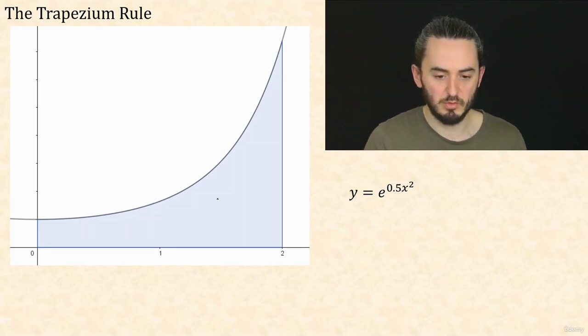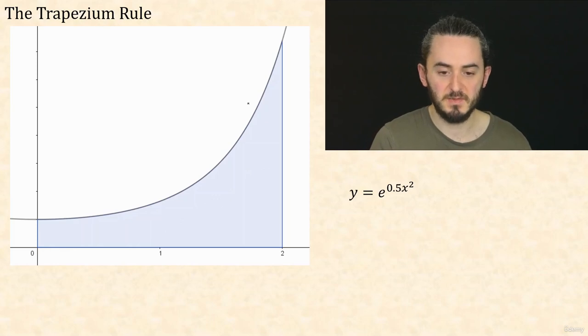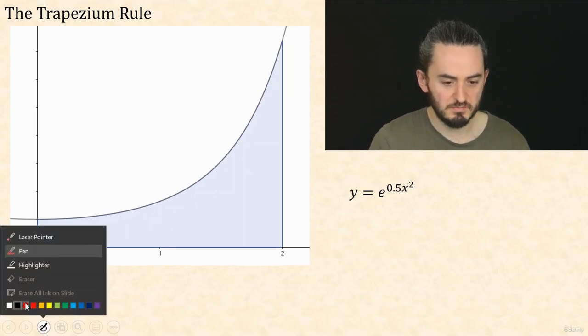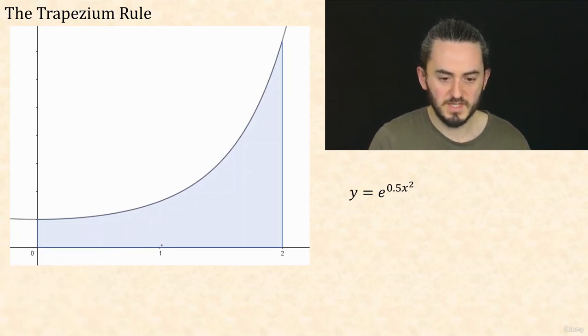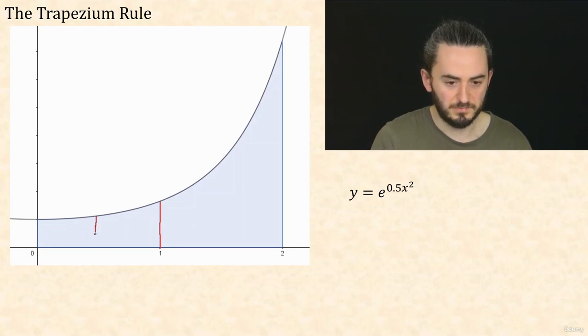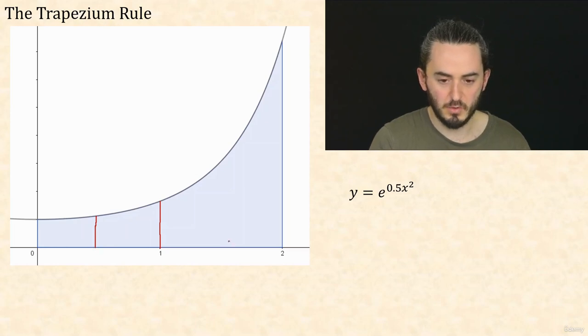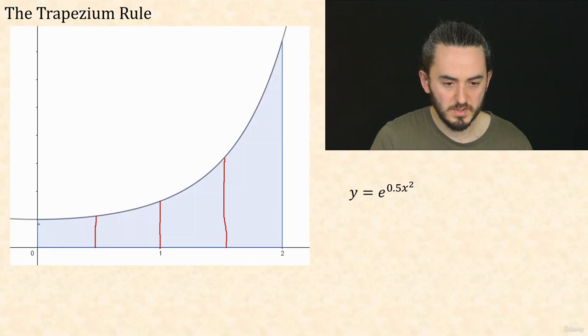So what the trapezium rule is going to do is allow us to take something like this, if we wanted to find the area under the curve between 0 and 1, for example, and chop it up into trapeziums. Here's how we do this. We can choose how many strips we split it up into, but let's say we split it up into 4 strips. I just chop it into 4 evenly sized strips, like this, and then I join the tops of these with straight lines.